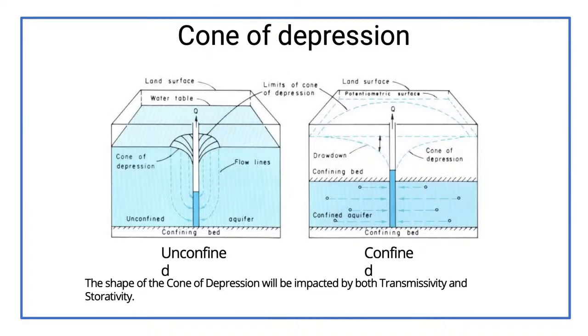All right, one of our last groundwater principles here is the cone of depression. If you're in an unconfined aquifer, you're actually going to be able to measure this, because as you pump the well, it's going to draw down the water inside the well, and you're going to create a cone that basically slopes to the pumping well itself.